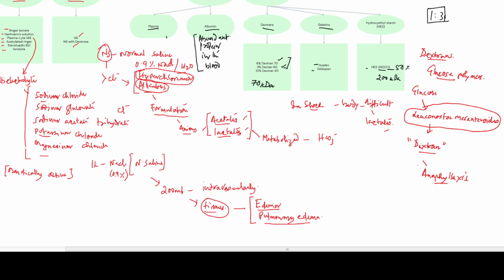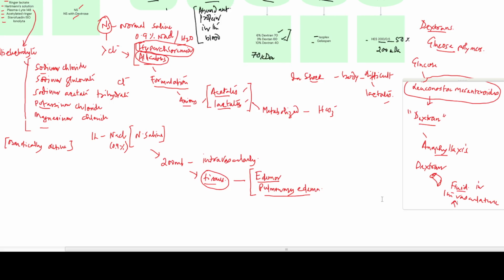So, what's happening here? We are adding dextran to the blood vessel. We are introducing dextran. What's going to happen? The fluid in the vasculature is going to increase, right?